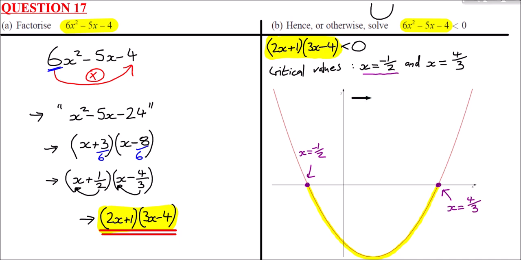So we sandwich x in the middle because we want our values of x to be in between these 2 critical points. So I want x, and copy this symbol here, x needs to be less than 4/3, but also at the lower end, x needs to be more than minus a half. And the symbol always goes the same way.